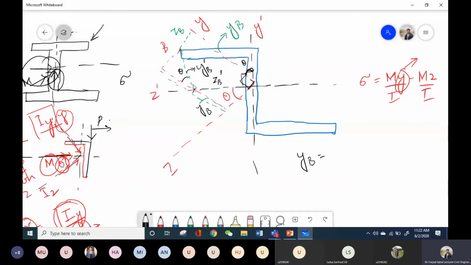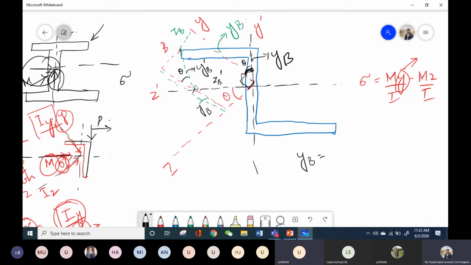Actually, first thing is that this green line is basically a straight line. Okay, so as I have shown, what is YB dash? YB dash is the distance from the horizontal axis towards point B. So this is YB dash distance, and this red line is basically equivalent to this one. So this distance over here is YB, let's say, and this angle with respect to the inclined axis is angle theta. So basically it is the same angle theta which is over here. I have just shown it on the left side, let's suppose.